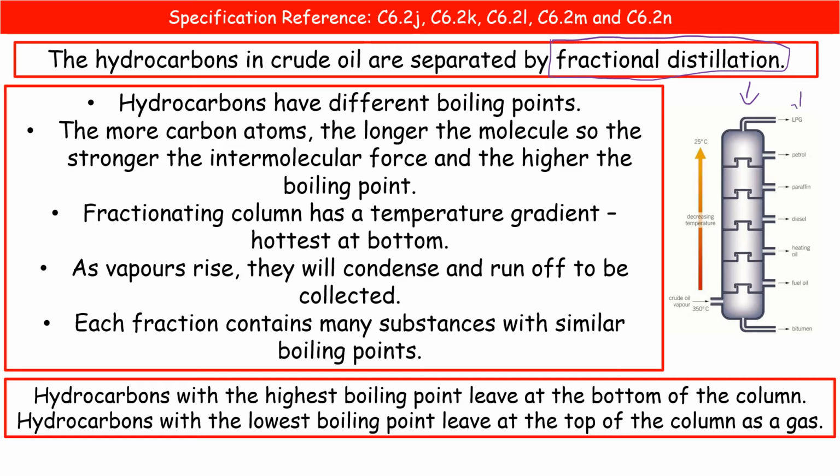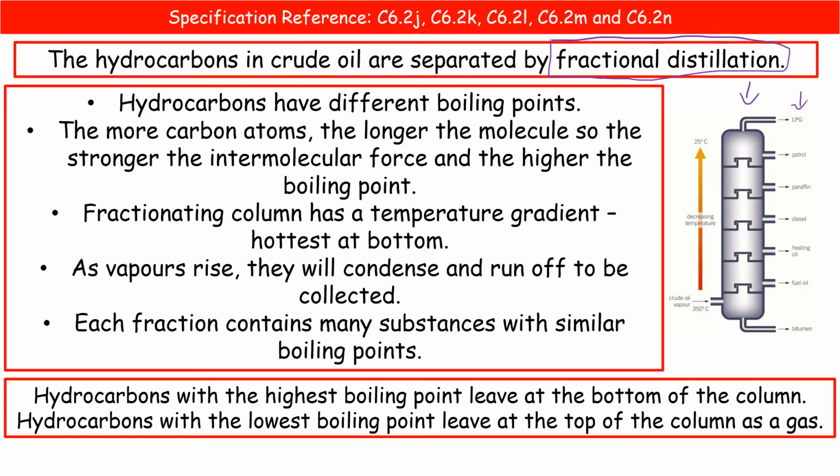So down here where we can see the names of the individual fractions, you need to know them in sequence, I'm afraid. There's no kind of easy way around this one, it's just a learning exercise. So LPG at the top, then petrol, paraffin, diesel, heating oil, fuel oil, and then bitumen at the bottom.